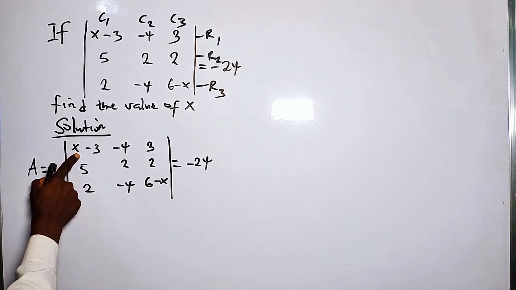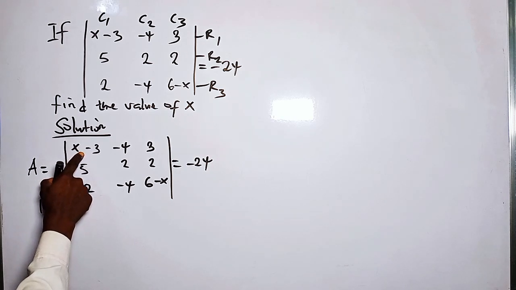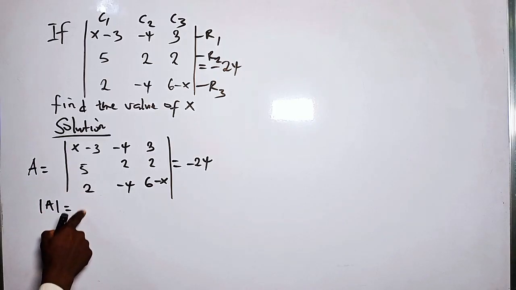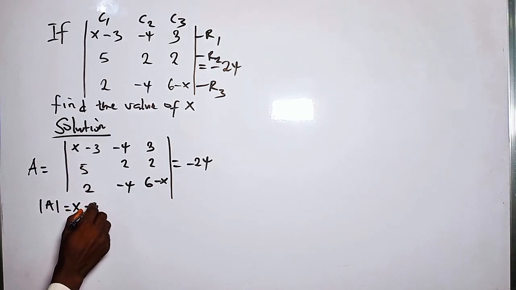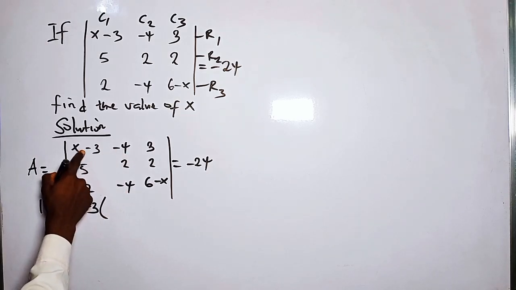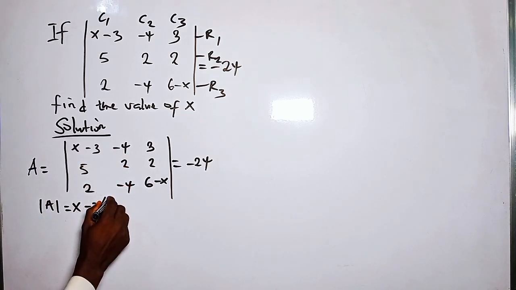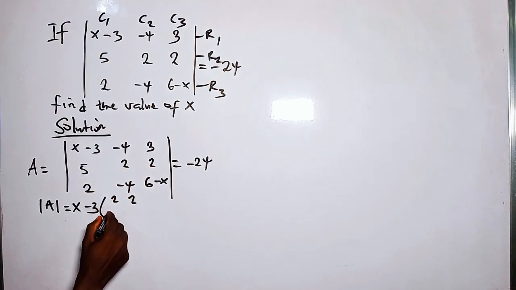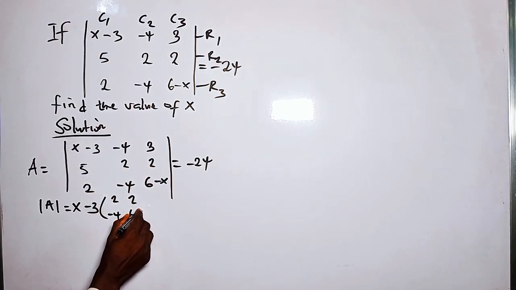We start with x minus 3. The first row is gone, the first column is gone, it will be deleted. So we have x minus 3 into, once this is deleted, we have just 2, minus 4, 6 minus x.